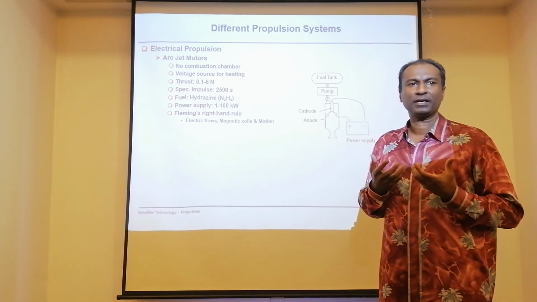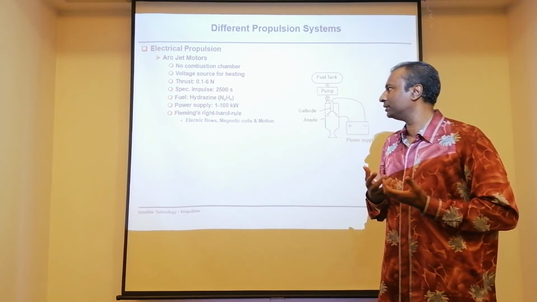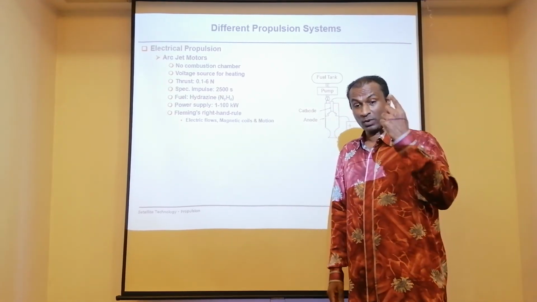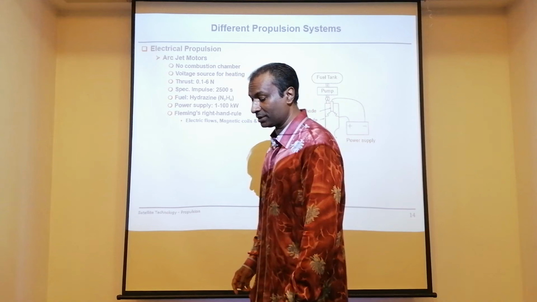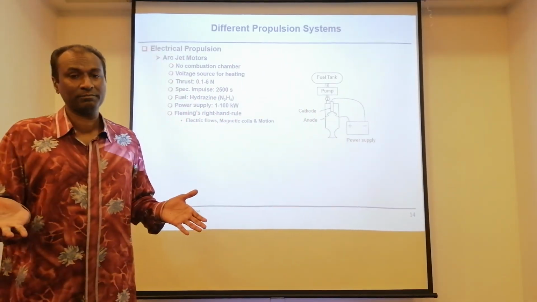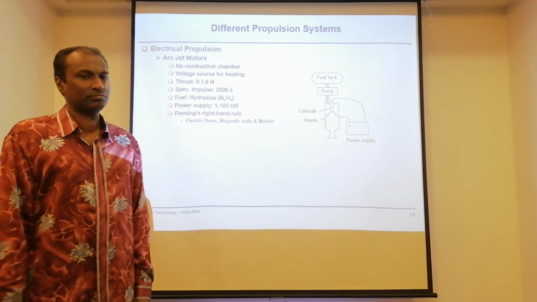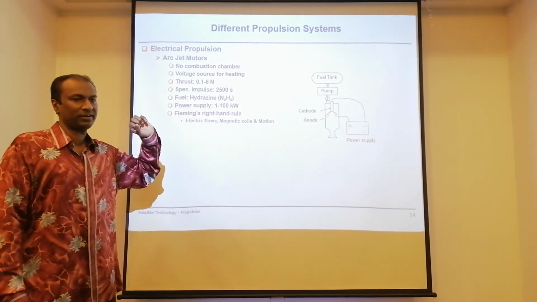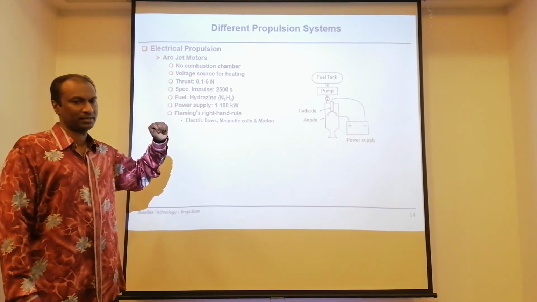You need a lot of electrical power. In terms of kilowatts, even 1 kilowatt is almost needed for a 500 kilogram satellite. That's what you need, so it's a showstopper: always a very high amount of power supply is needed.